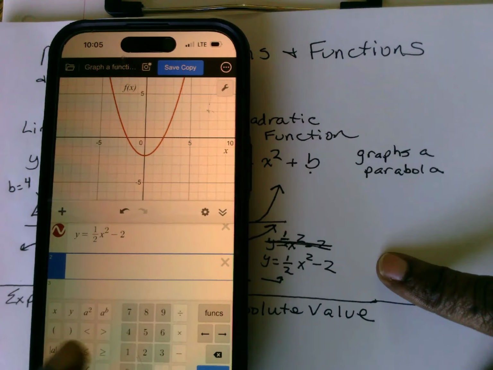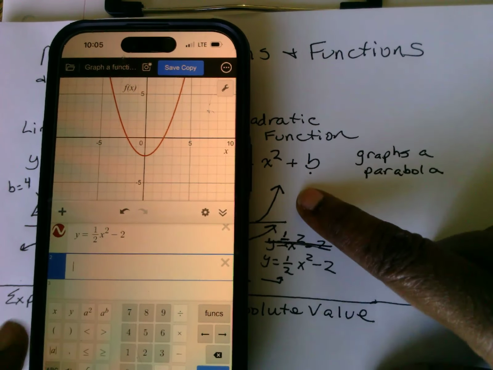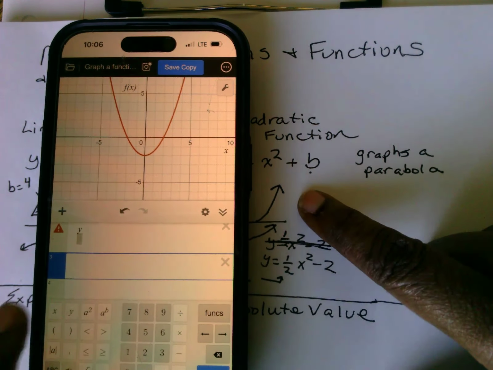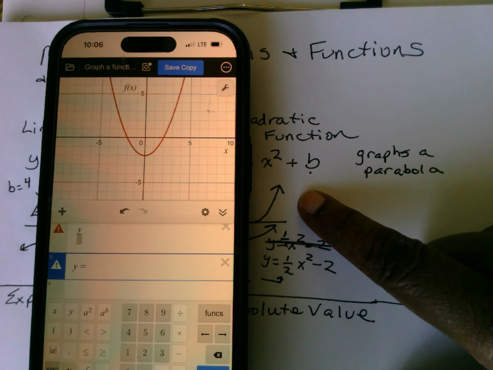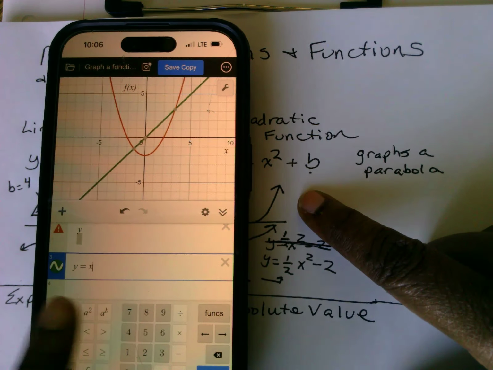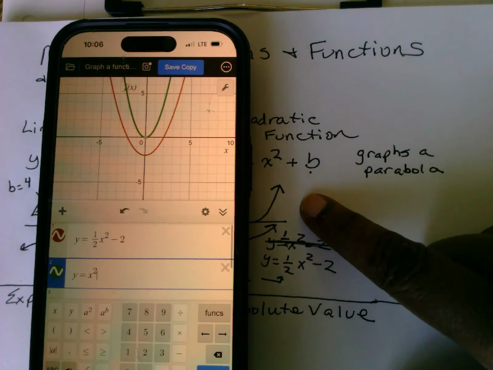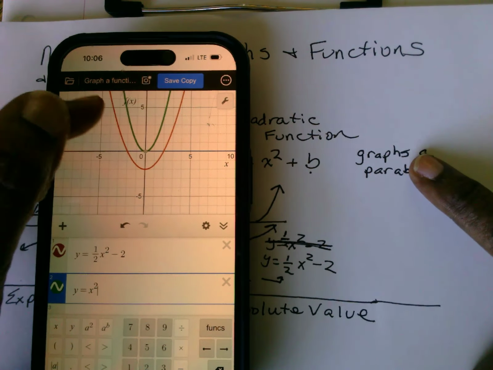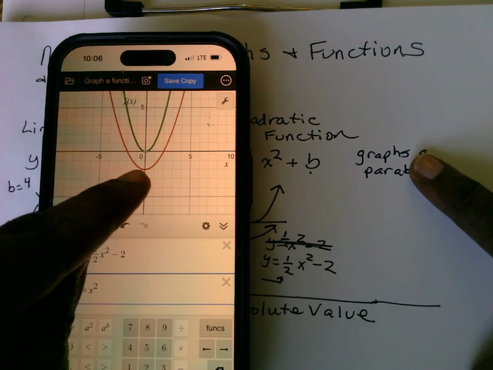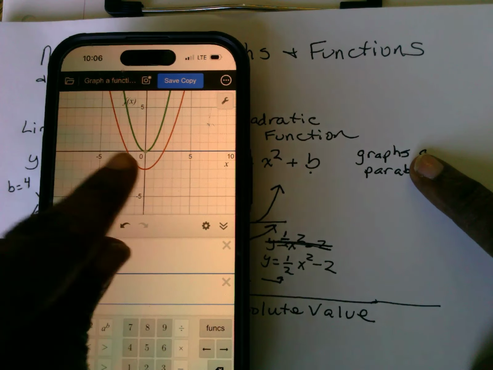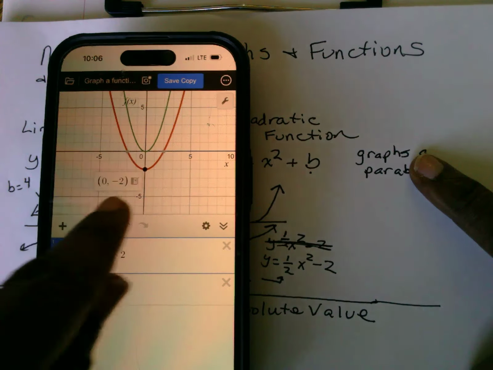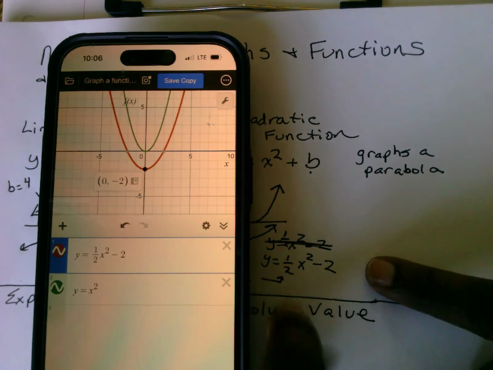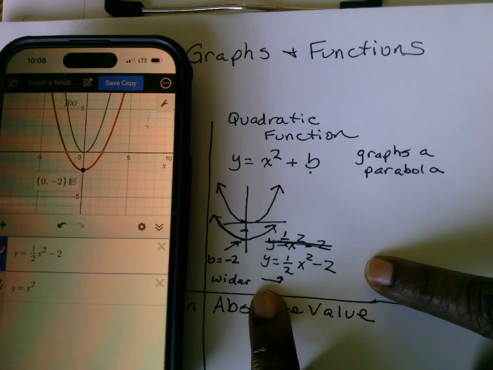And then I'm also going to type in the parent function, which is y equals x squared. So you can see that this green graph is narrower than the red graph. The minus 2 in the equation is represented by that point, which is the y-intercept. Putting a fraction in front of it makes it wider.